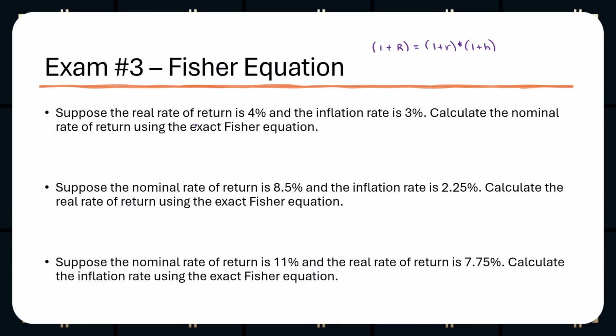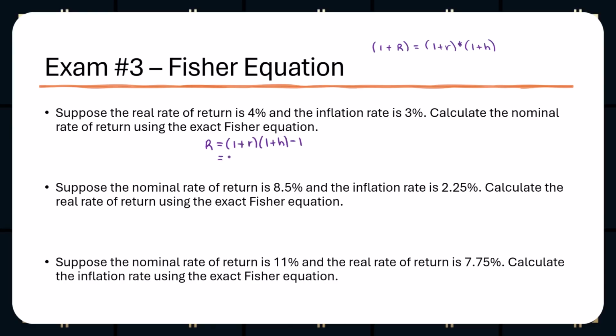Suppose the real rate of return is 4% and the inflation rate is 3%. Calculate the nominal rate of return using the exact Fisher equation. We'll subtract 1 from both sides, and we can see that 1 plus the real rate times 1 plus inflation, minus 1, must equal the nominal rate of return.